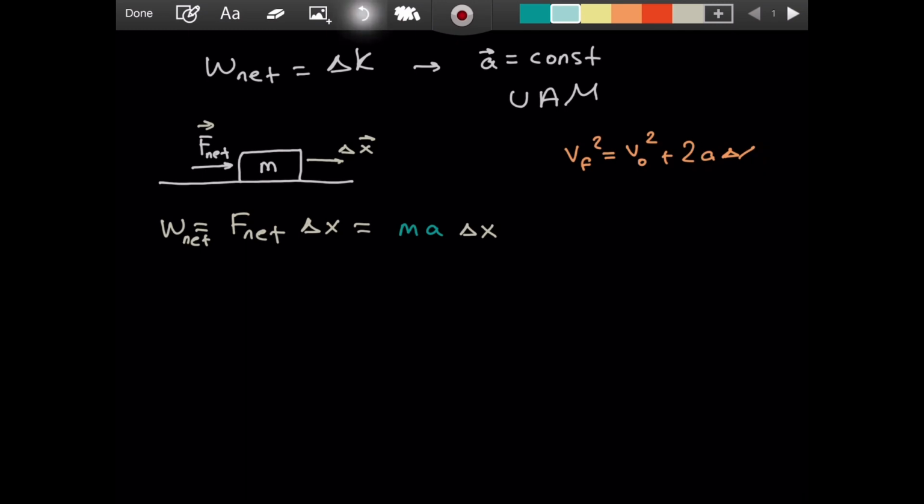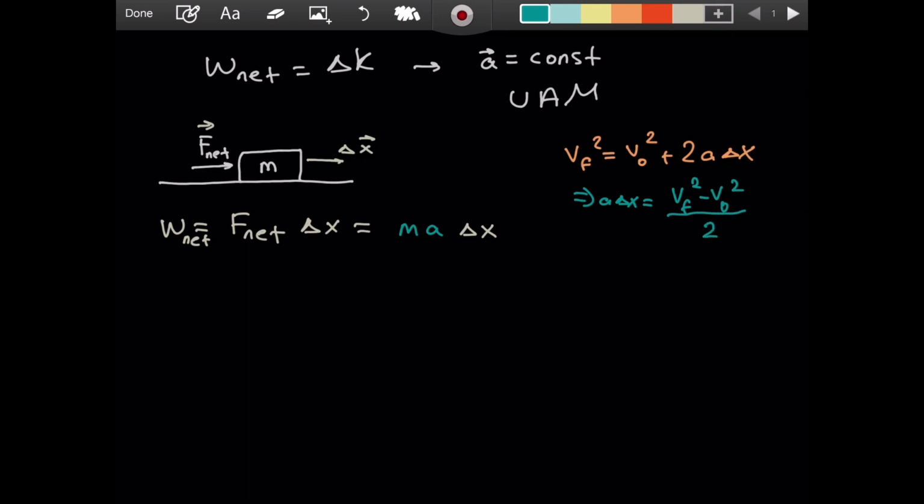What could happen, right? So, let me solve for a times delta x then. We are solving the orange equation. So we have a times delta x is equal to, we subtract v naught squared from both sides. So we have v final squared minus v naught squared. We need to divide by 2.